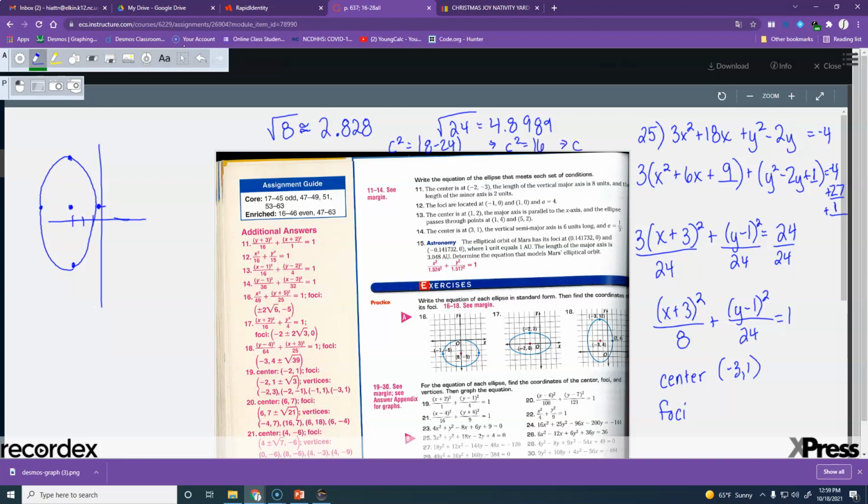So c is going to be 4. So for my foci, should I go up and down 4 or left and right 4? Up and down. So that's going to be -3, 5, and -3, -3. So I'd add the 4 and subtract the 4 from those points.